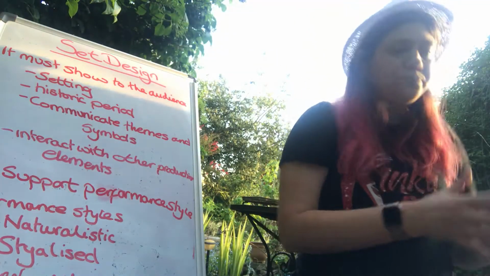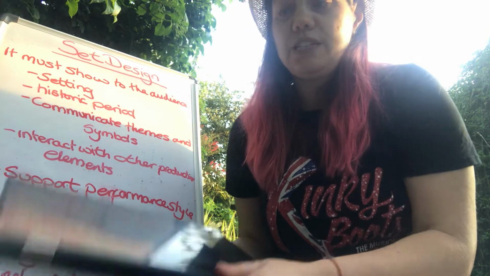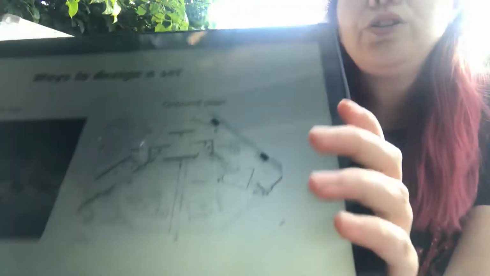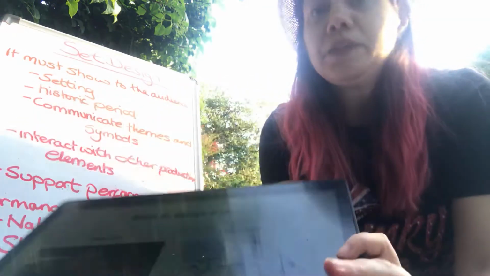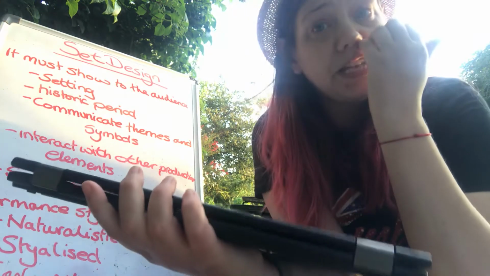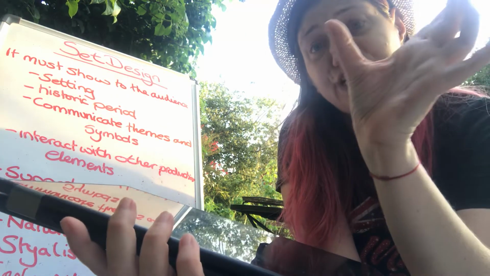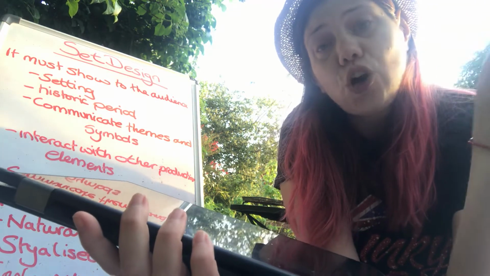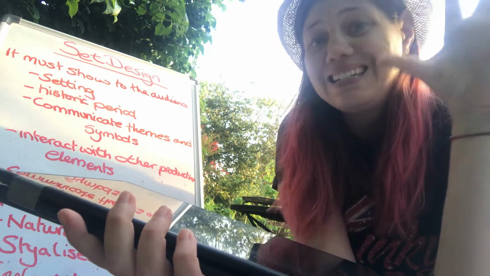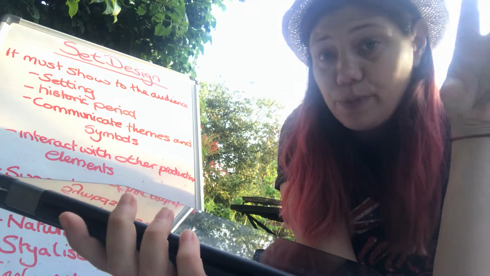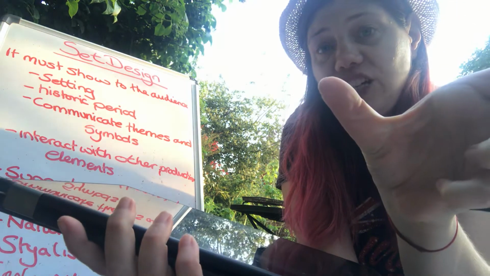Okay, so let's go back. Thinking about the different areas of the stage, I want you to come up with a set design. You've got a mind map to do first. Now what I would do is a little bit of research. I would type into the Google search engine Sweeney Todd set design, and see what's already out there, and you can pinch ideas.